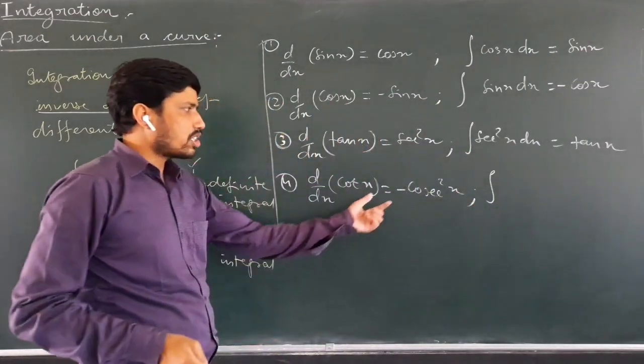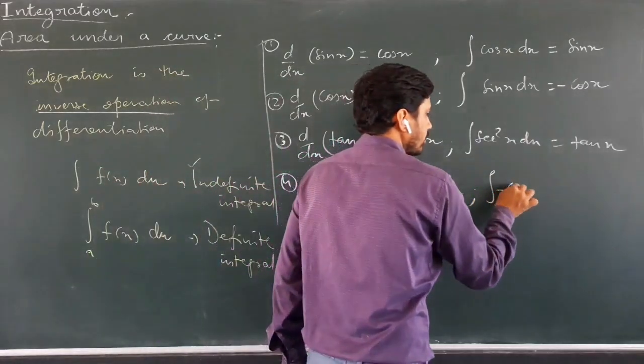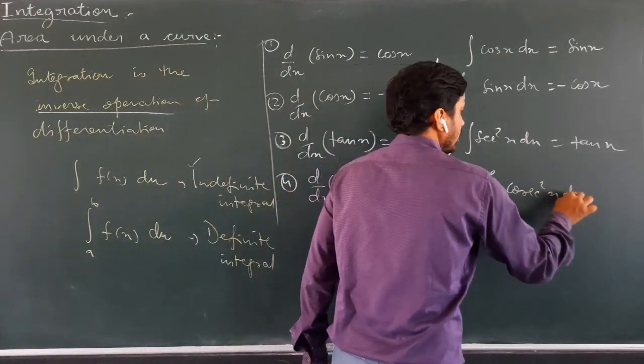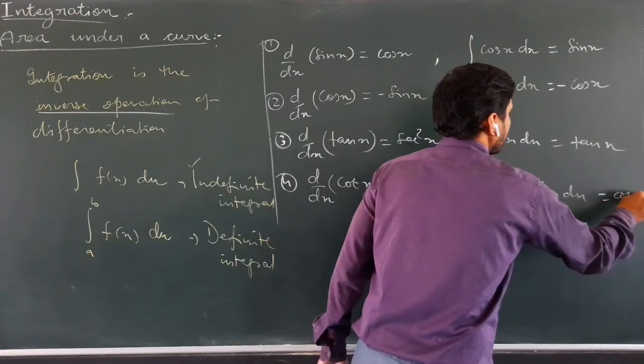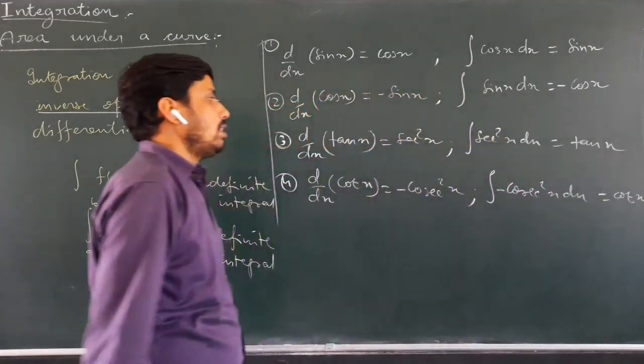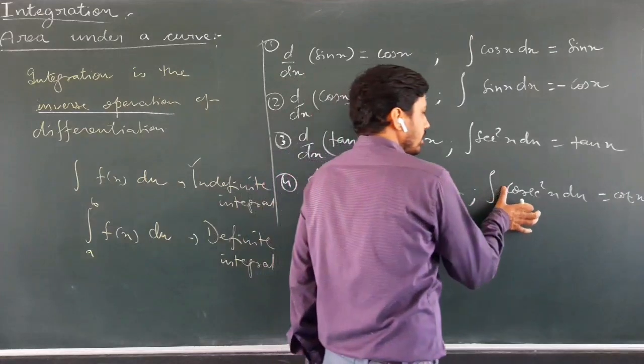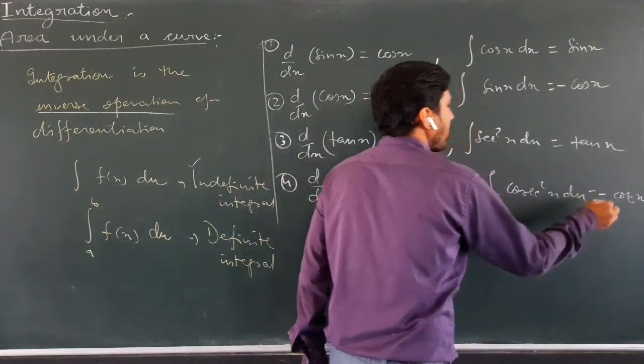So here we will have integration of minus cosec square x dx is equal to cot x. Now this minus sign I can take to the right hand side.